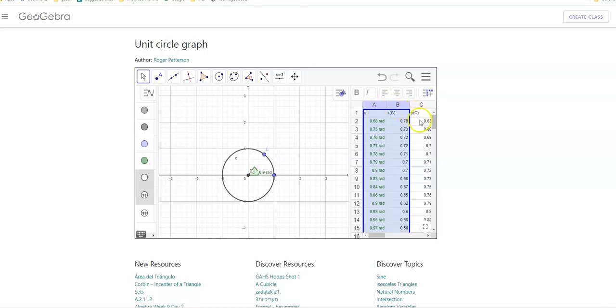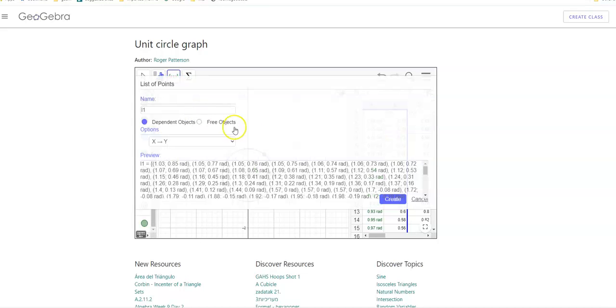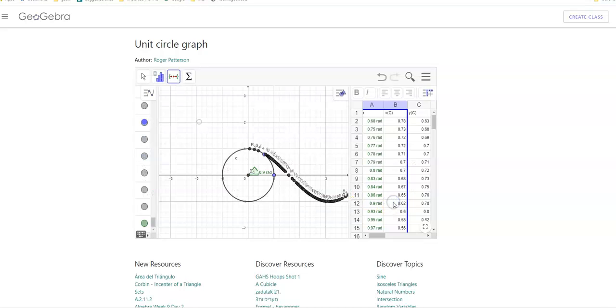Let me back this up. First you want to click over here, then you want to do the A and B. Sorry about that. Once you have those two columns, you come over to here, and it says list of points. So we want a list of points. And there they all are. We're going to create it.